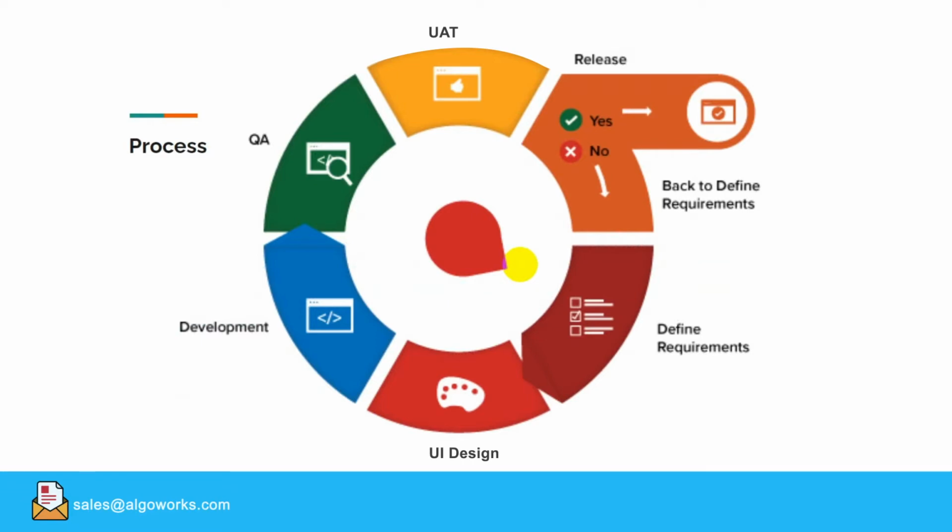As you can see, it's an iterative loop, and this process is repeated for every sprint. So the UI design is done, and after that development comes into the picture, then the QA is performed, then UAT happens, and after that the release, either that would be a yes or a no, or there will be any changes that would be covered in a CR.